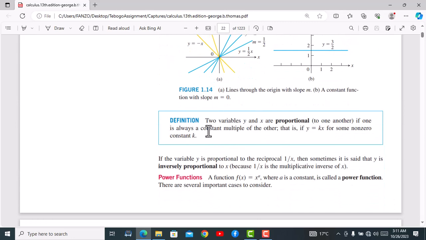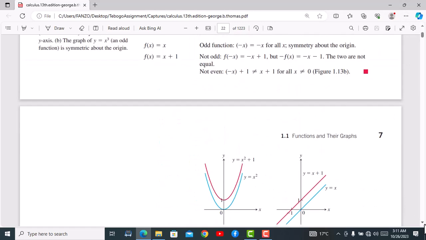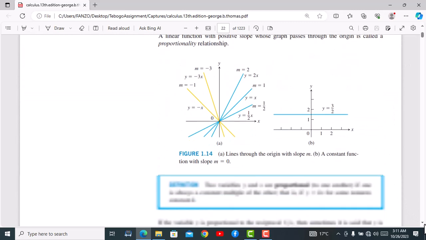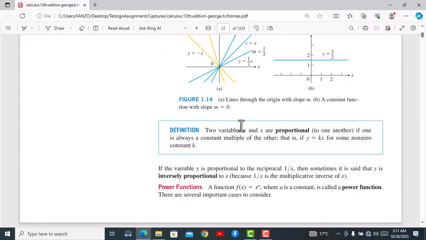Definition: two variables x and y are proportional to one another if one is always a constant multiple of the other.